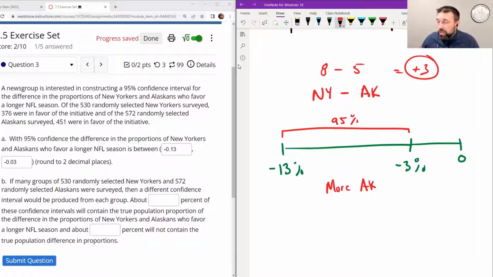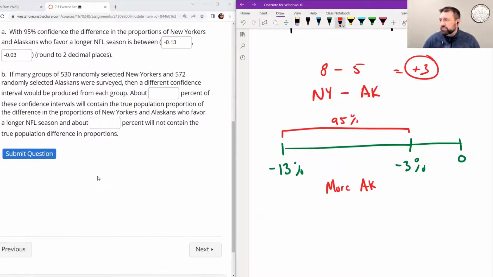and we constructed an interval over which 95% confident we are. So now if you went and selected another group of 530 random New Yorkers and 572 random Alaskans, you would expect that about 95% of the difference in the ratios would land in our interval.